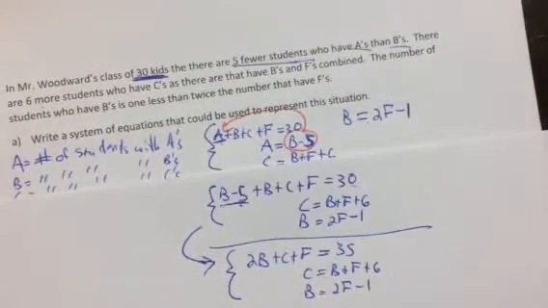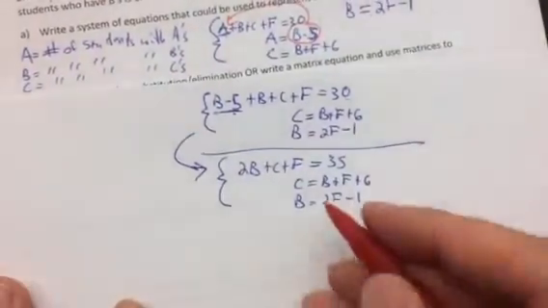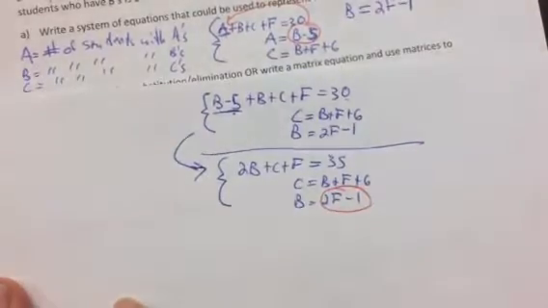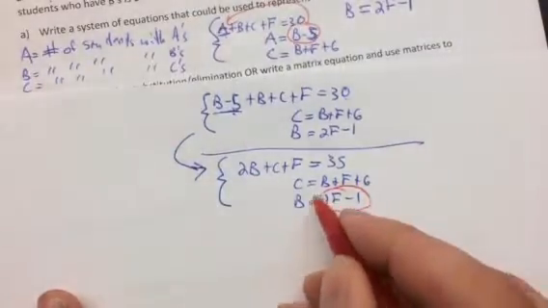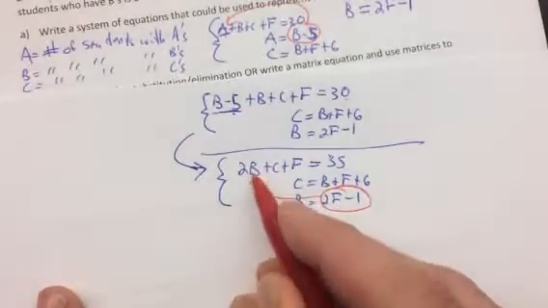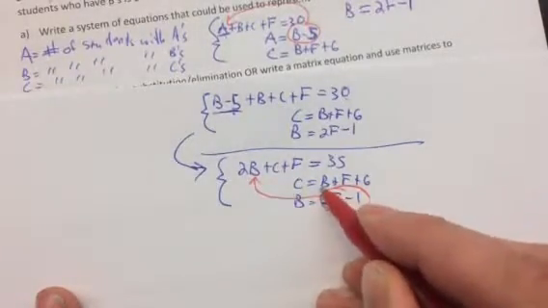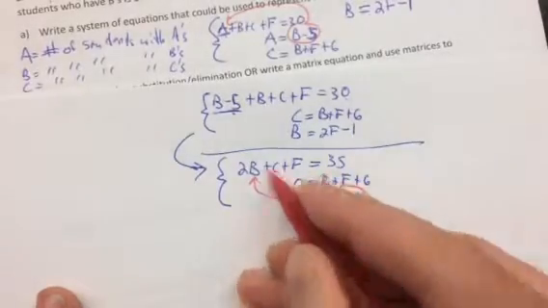And so again, I can take one of the ones I already know. I know that B is 2F minus 1. And so I'm going to take that and substitute into the other 2 equations wherever there's a B. Where there's a B in this first one, it's going to say 2F minus 1. Where there's a B in the second one, we're going to say 2F minus 1.